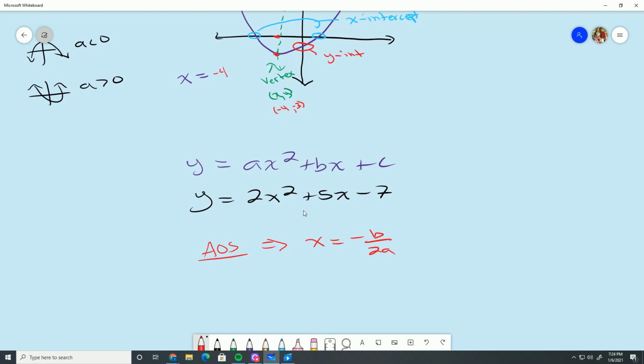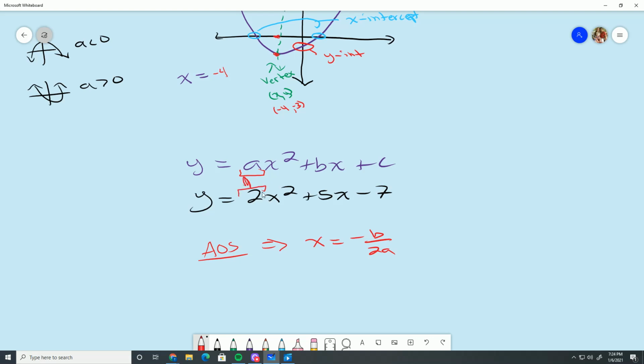So that's why sometimes you might see problems that just ask you to find A, B, and C, and it's just because it wants to see if you can identify it. A lot of students will look at A and recognize that it's part of the first term here, and they will just write this entire piece and say A is 2x squared. It's not. A is only the coefficient.